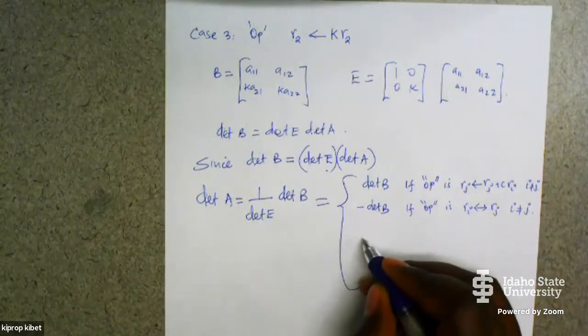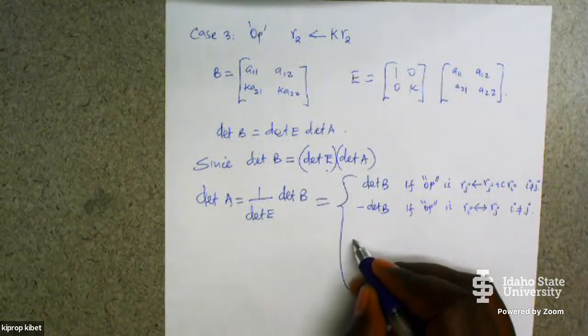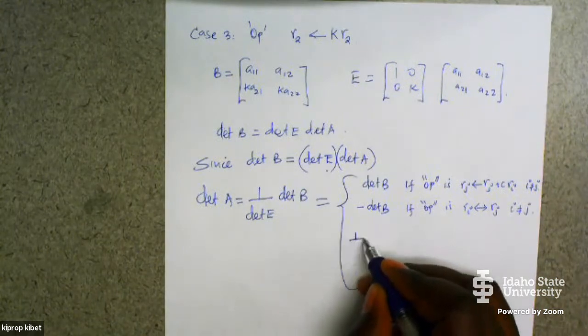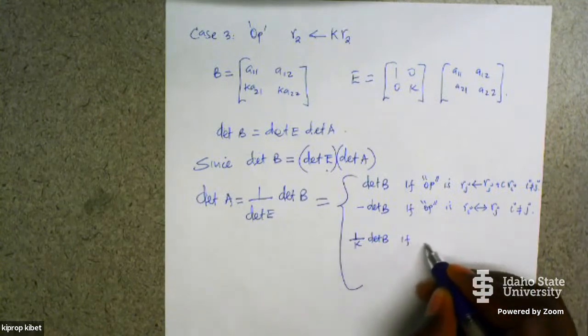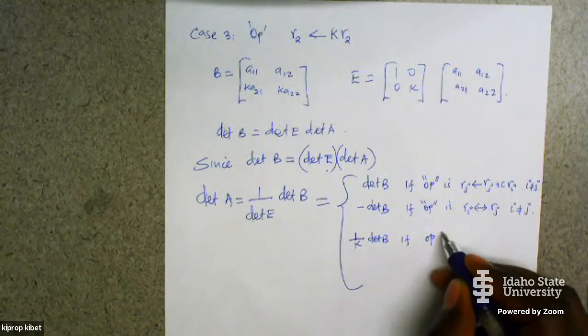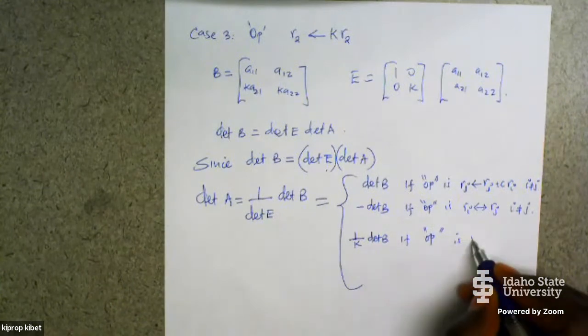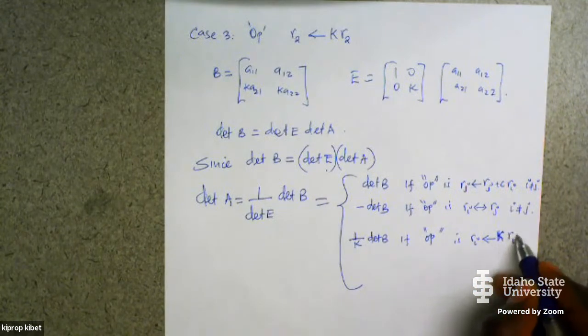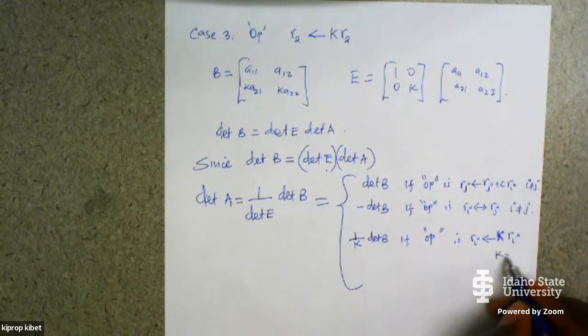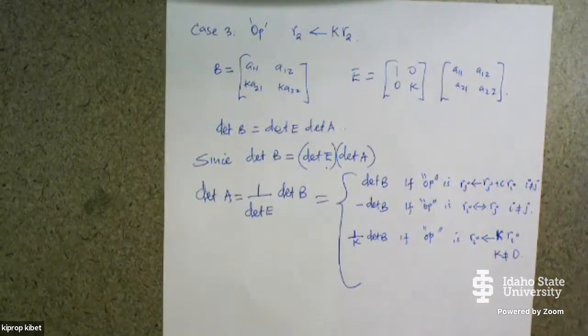And finally, it is equal to 1 over K times determinant of B if the operation is multiplying Ri by K, where K is not equal to 0. Okay.